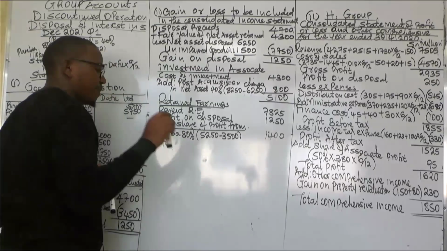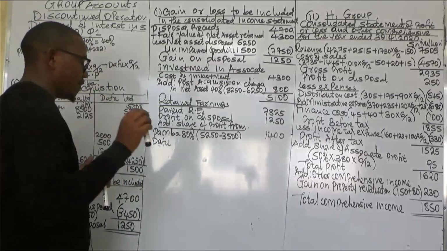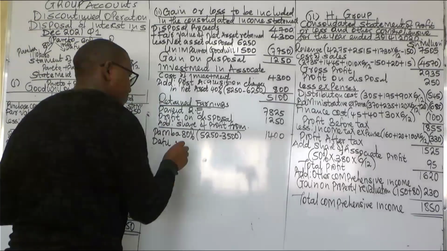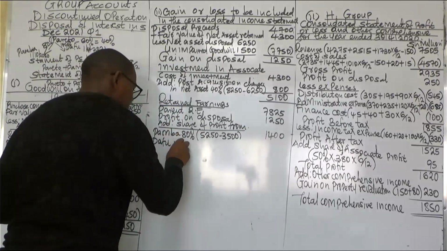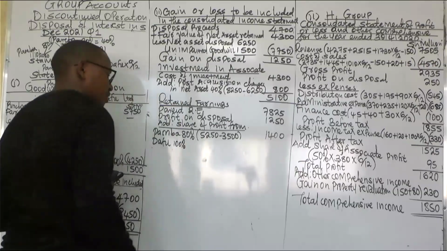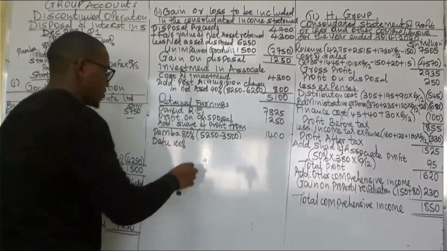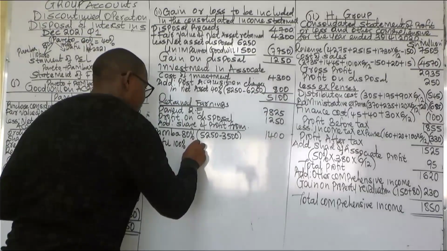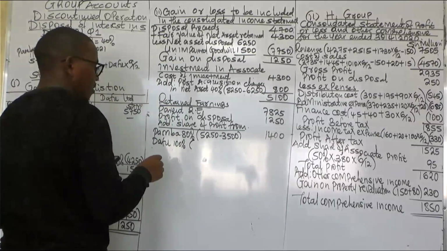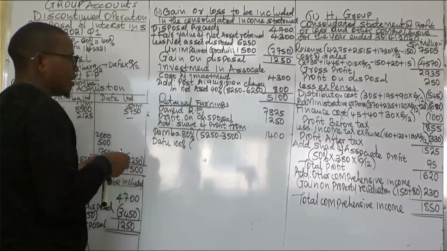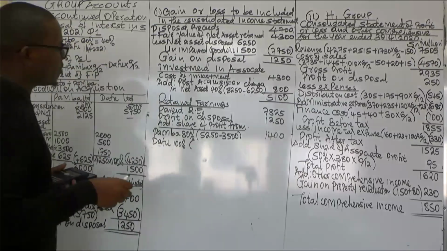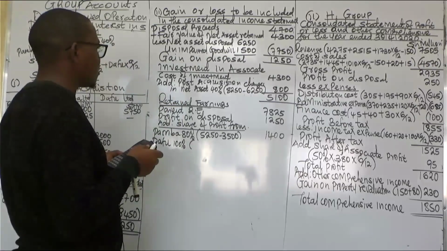Now here he will get it twice. The first time is at the time he had acquired the 100% subsidiary. So here it will be 100% of what was at the time of disposal. What was the value of the net assets?